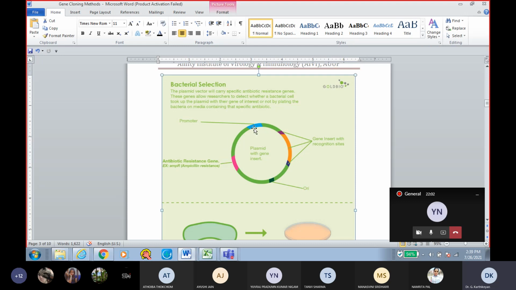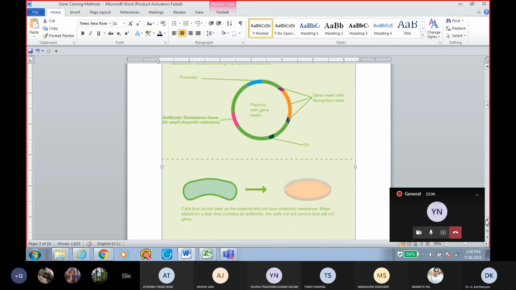But whenever it takes up this plasmid, it will become resistant to ampicillin, because the antibiotic resistance gene codes for an enzyme that will degrade ampicillin. By virtue of that, the E. coli becomes ampicillin resistant. Any bacteria that has not taken up this plasmid will remain sensitive to ampicillin, but any bacteria that has taken up this plasmid will be able to grow in the presence of ampicillin.